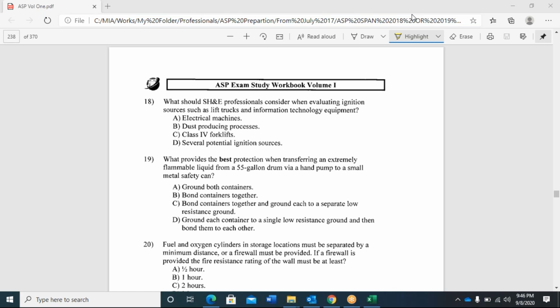Several potential ignition sources and information technology equipment.